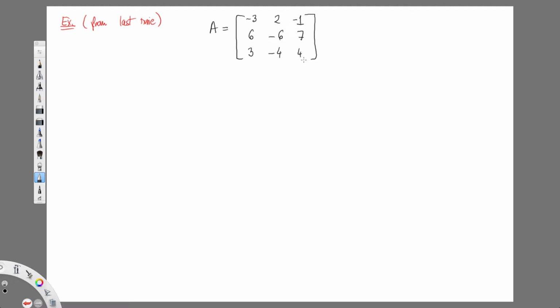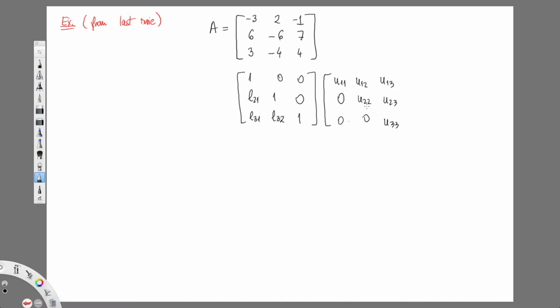What I'm looking for is L that is lower triangular and has 1, 1, 1 on the diagonal, and it has some L21, L31, L32 that I don't know. And my U is U11, U12, U13, 0, U22, U23, U33, and the rest are zeros. So this is the lower triangular and upper triangular.